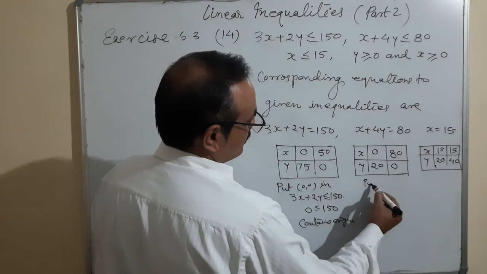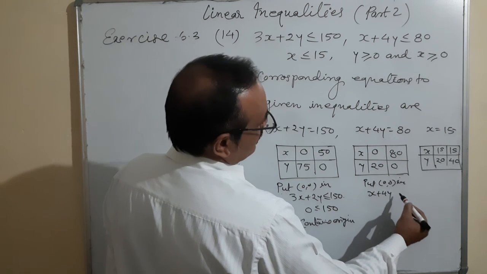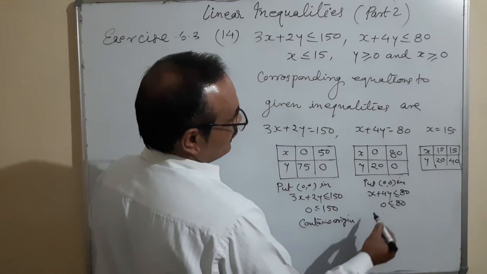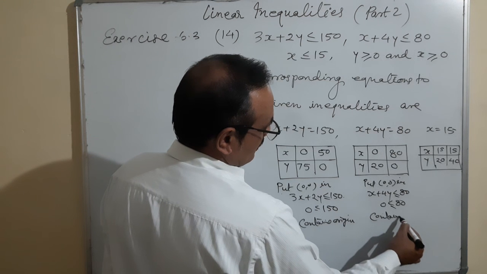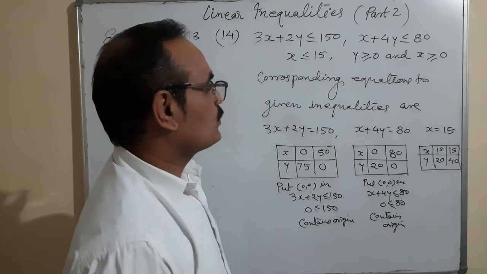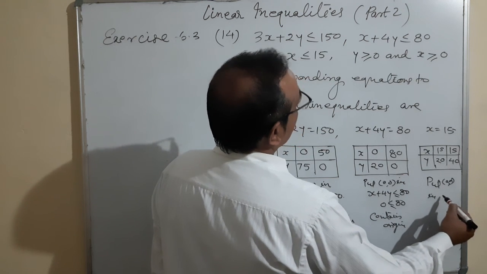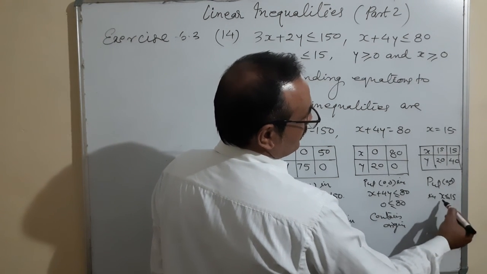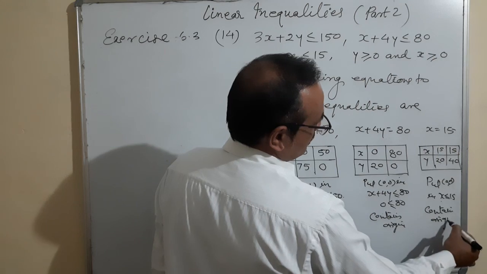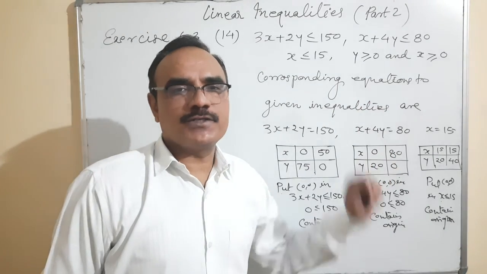Here, when I put 0, 0 in x plus 4y is less or equal to 80, what happened? 0 is less than 80. It also contains the origin. And here is x is equal to 15. So when I put 0, 0 in x is less or equal to 15, 0 is less than 15, it contains the origin. Okay, got it? So what does it mean? All these inequalities contain the origin.